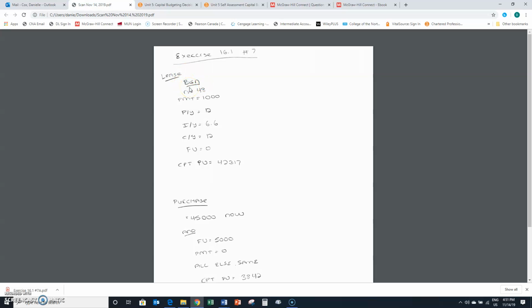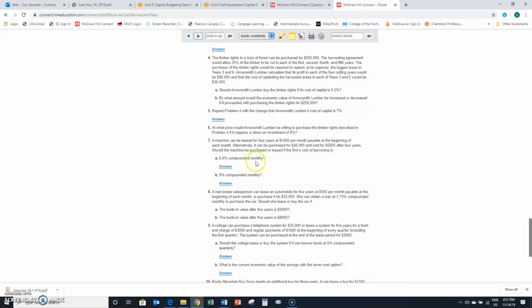Then they gave us the interest rate of 6.6% compounded monthly, so that's 12. You enter 0 for the future value, and you compute the present value. So right now it's $42,317.